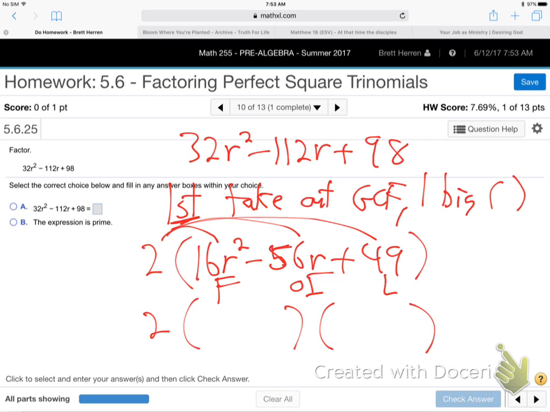All right, so front times front to make 16r squared: 4r, like that. And then last times last to make 49. What times what makes 49? 7 and 7.